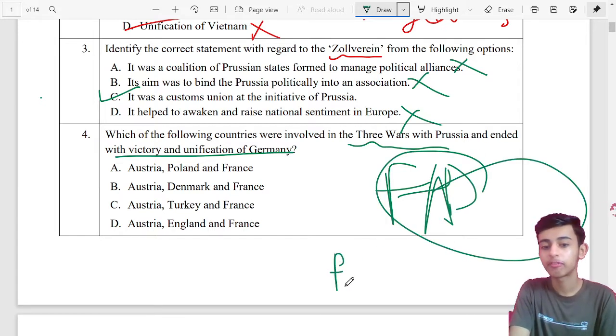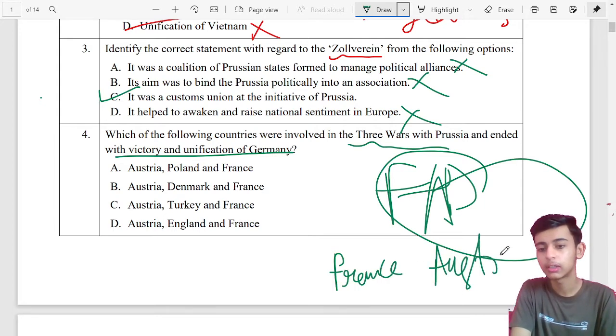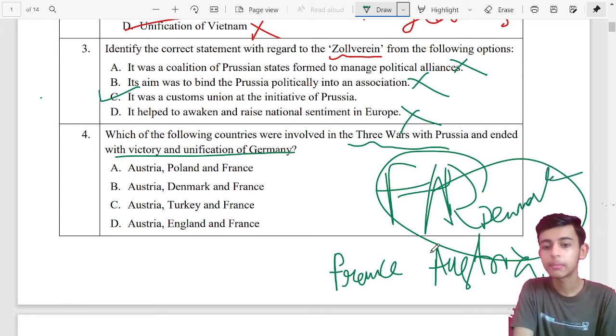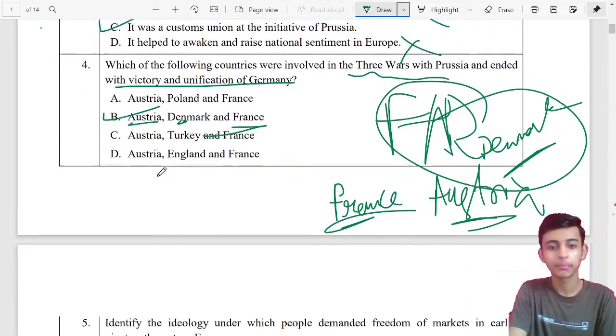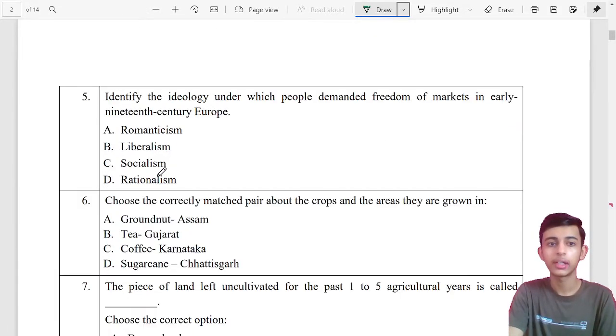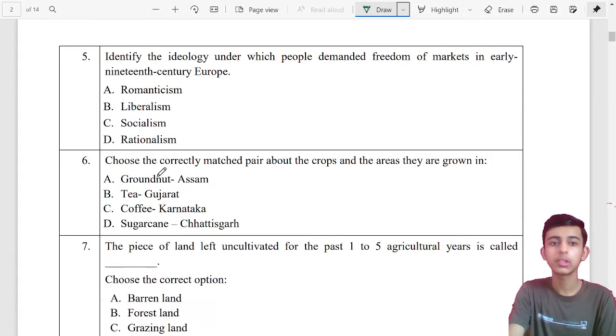F stands for France, A stands for Austria, D stands for Denmark. So France, Austria, Denmark. B is the correct answer. Easy? Chalo, let's move to the 5th question.